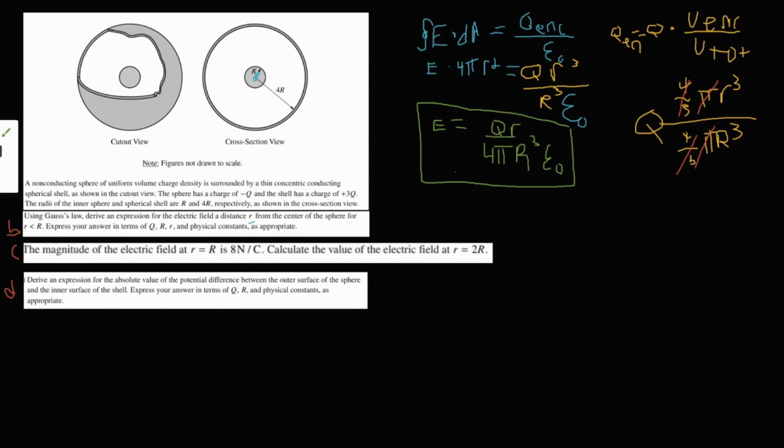Okay, so this electric field is at r equals R. So at the shell, it is 8 newtons per coulomb. So at that point, these ratios of the volumes are the exact same.